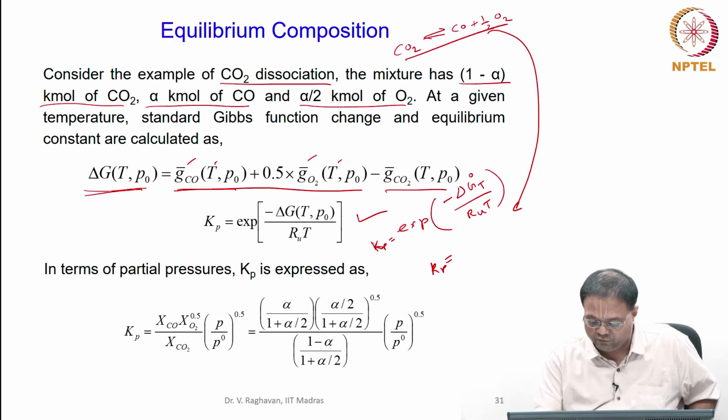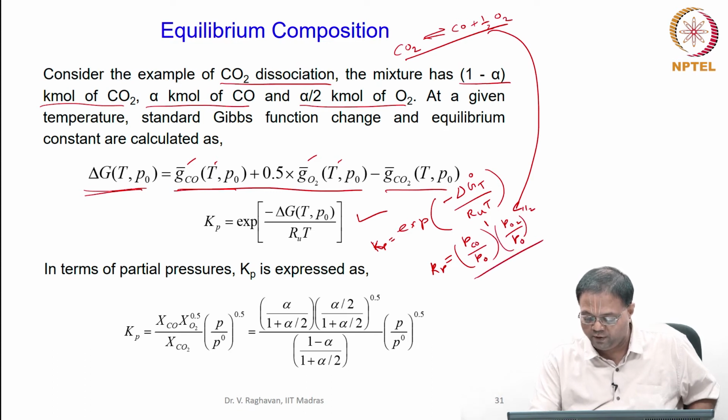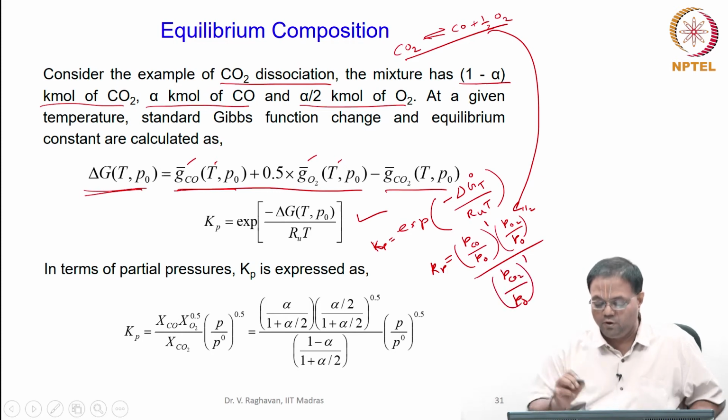partial pressure of product first of all. So partial pressure of CO by P naught power 1, then partial pressure of O2 by P naught power half, divided by partial pressure of CO2 by P naught power 1. Okay.